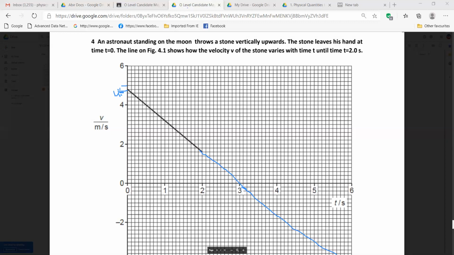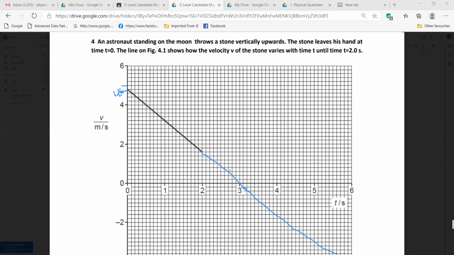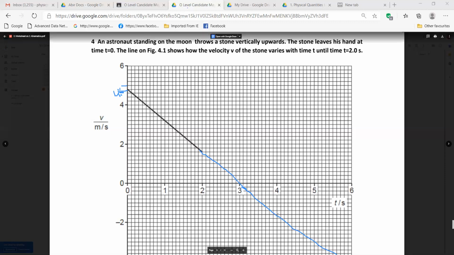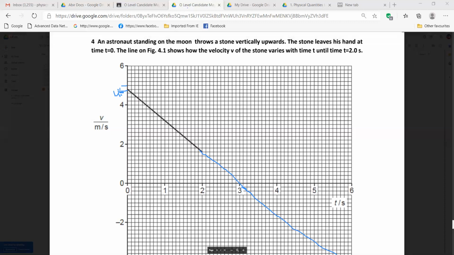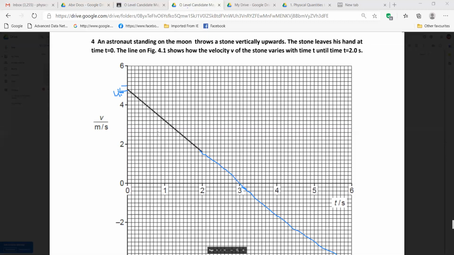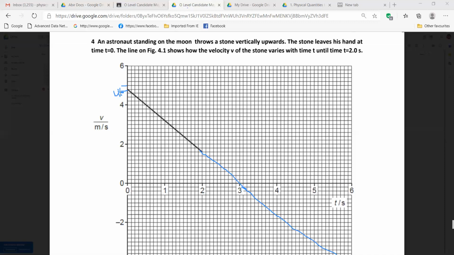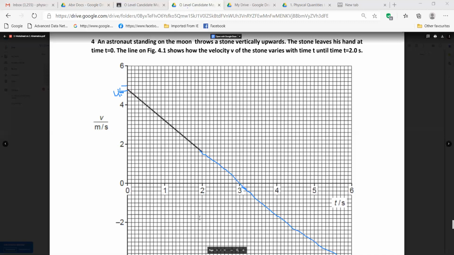One is going upwards, another is going downwards. That's why we are using negative here. This one was the direction for upwards, positive, and this one for downwards, negative. And after 6 seconds, it will reach your hand, and that time the velocity will be minus 4.8 meter per second. Clear?